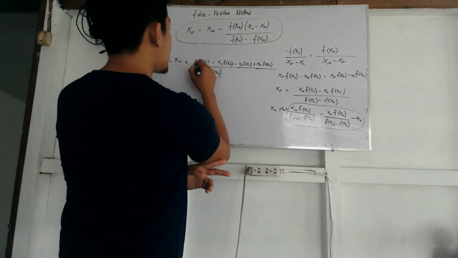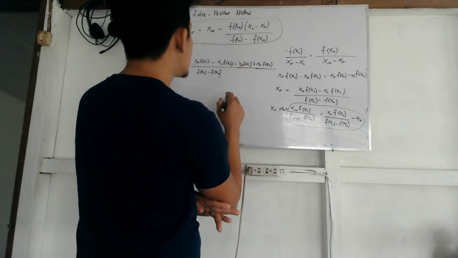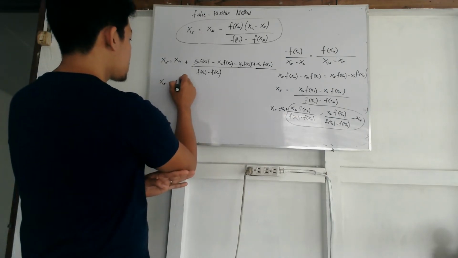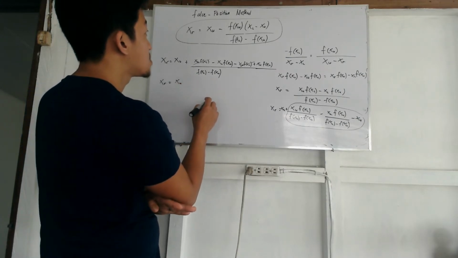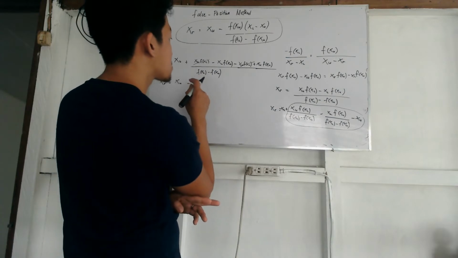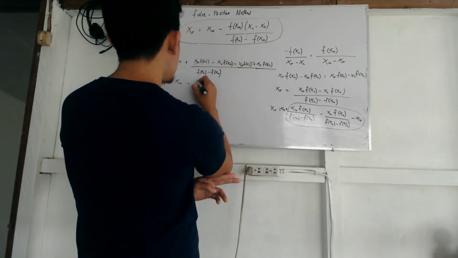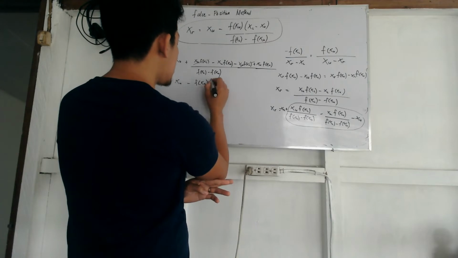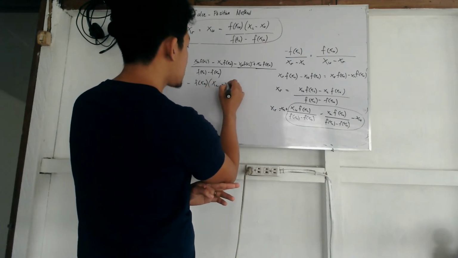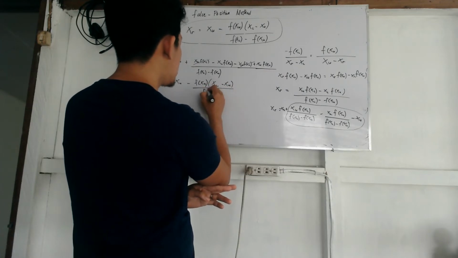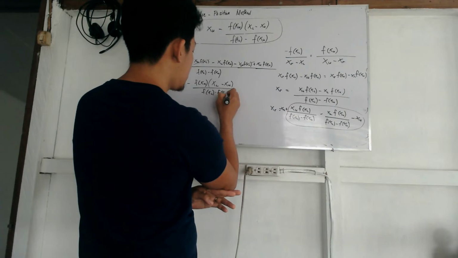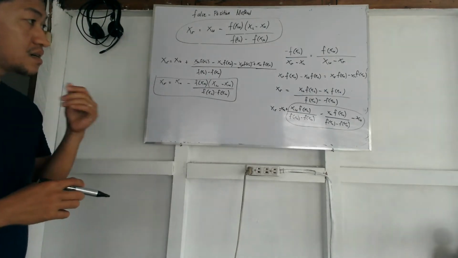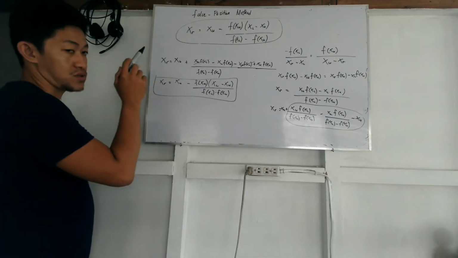Some terms cancel, so what you get is XR is equal to XU minus f of XU, and collecting the terms, times XL minus XU, over f of XL minus f of XU. So we have derived the formula for finding the root XR.